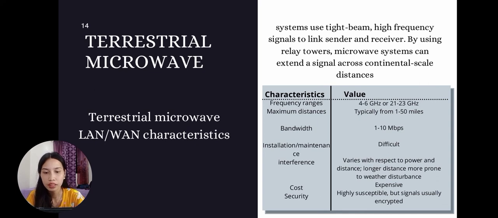So the terrestrial means of the Earth and refers to line of sight transmissions between special microwave towers or between transmitters and receivers mounted on tall buildings, mountain tops, or other locations with long, clear lines of sight to desirable locations.